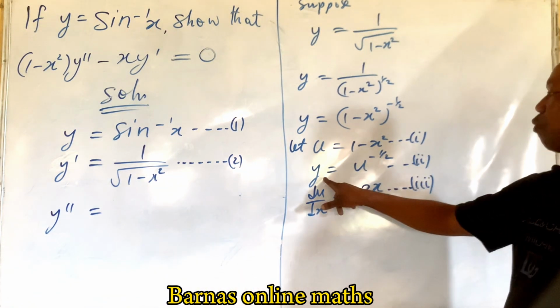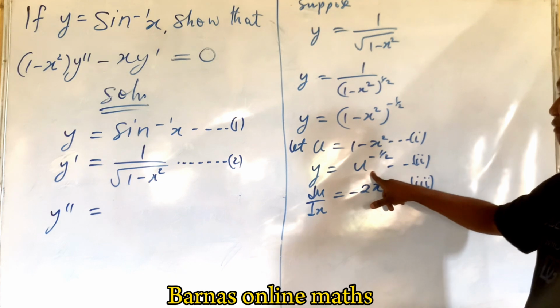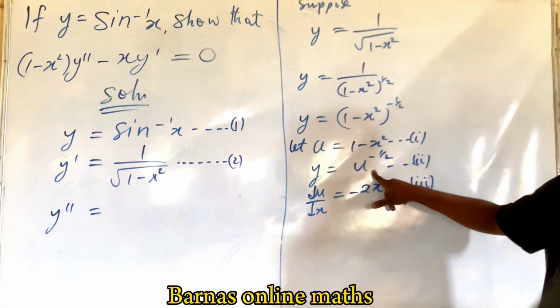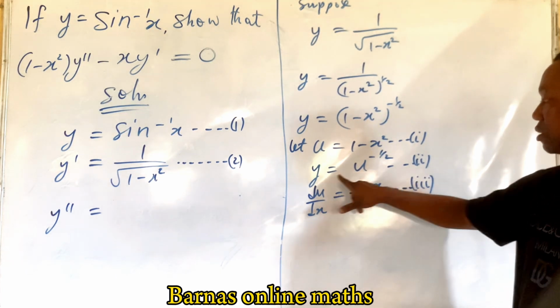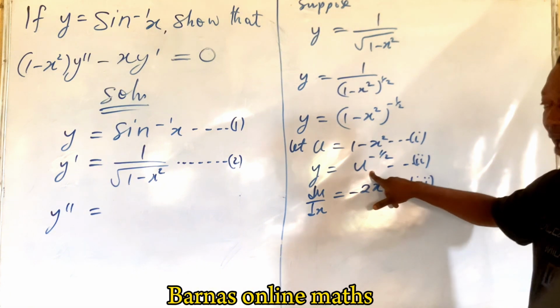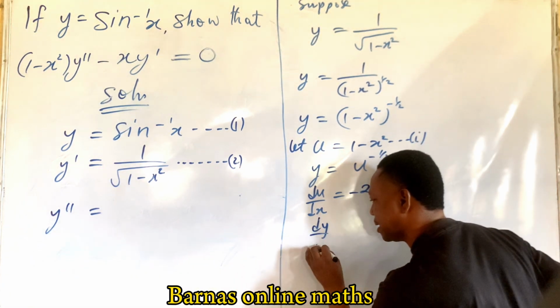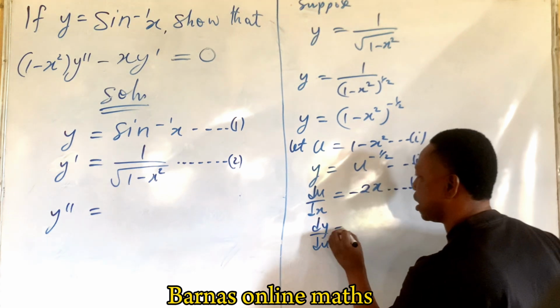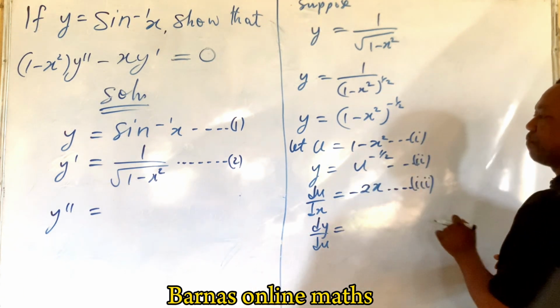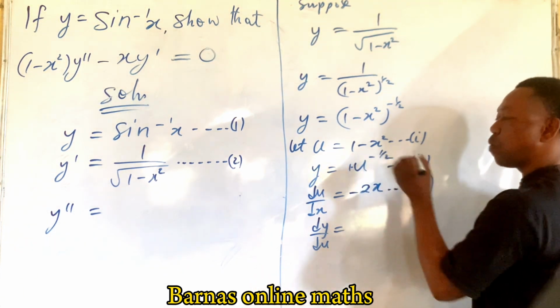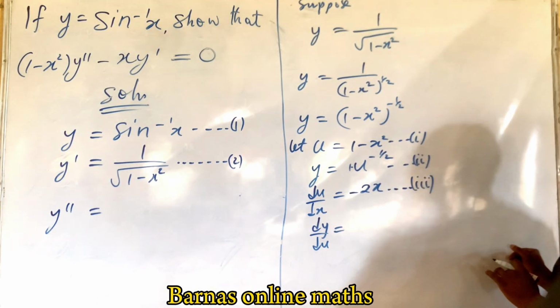Equation II, we have y, we have u. We now differentiate y with respect to u. If we differentiate y with respect to u, we are going to have dy du. So we now have dy du is going to be, of course, the coefficient here is invisible 1. The power is minus half.